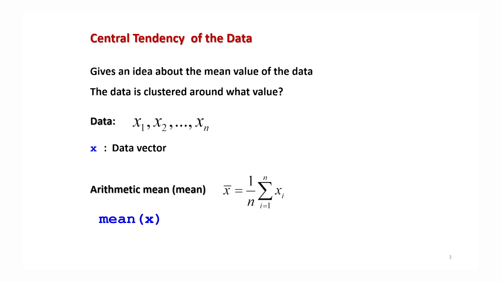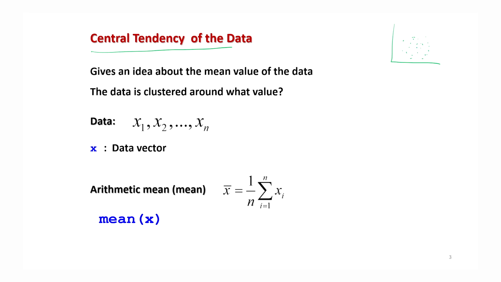Right. Okay. So first we try to understand how we measure the central tendency of the data. What is this? Suppose you get a data, and suppose you plot it, and suppose the data comes out to be here like this. So what do you say here?